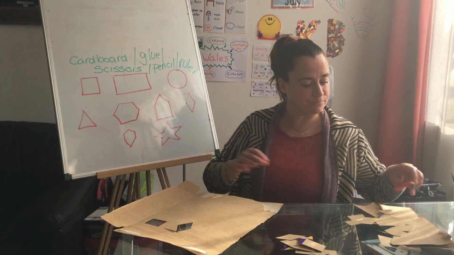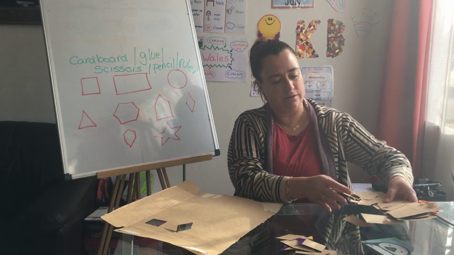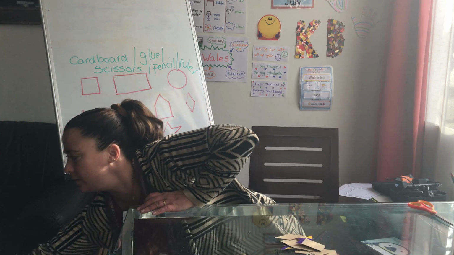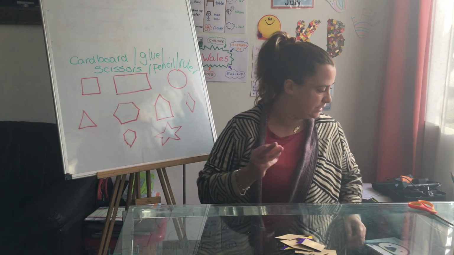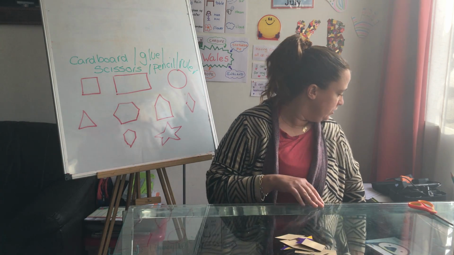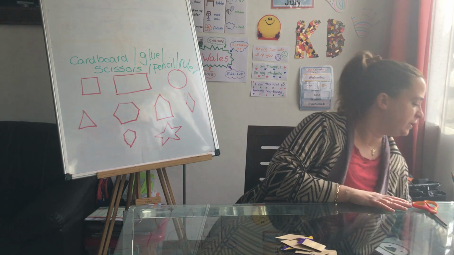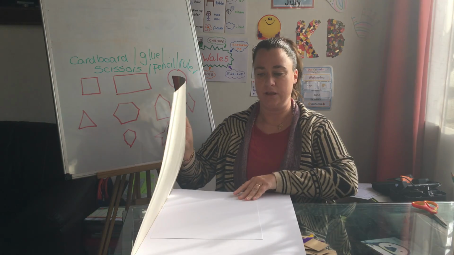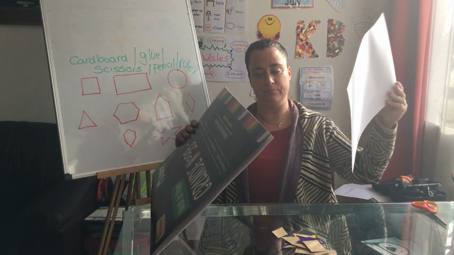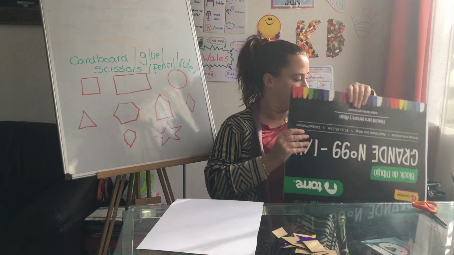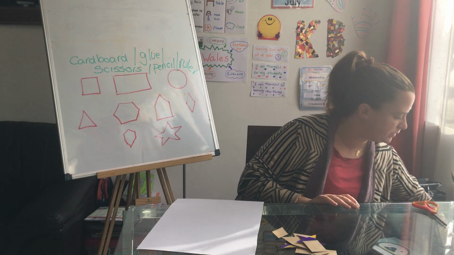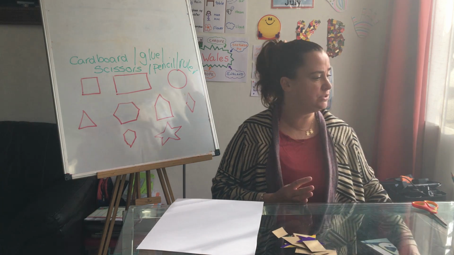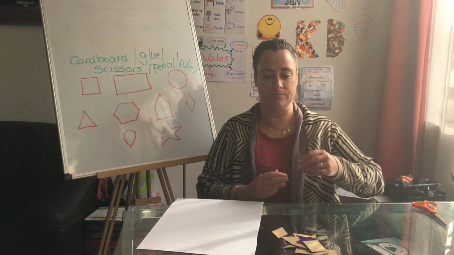Now, let me just clear up these things so we can continue. Put them on the next table. You all have paper that the school sent you, right? I've got my paper right here. So, on this paper, I want you to take one of the papers out.